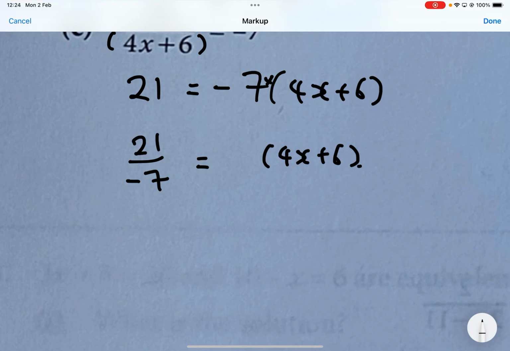I bring this minus 7 to the other side, divide. Then I simplify. Negative 3 equals 4x plus 6. Now it is alone already. I no longer have a fraction. I don't have any multiplication, so I can remove the bracket.